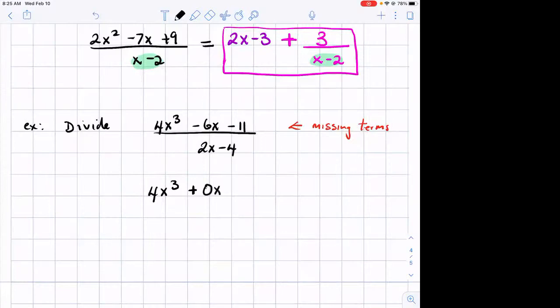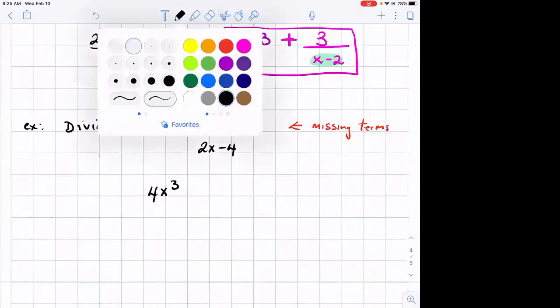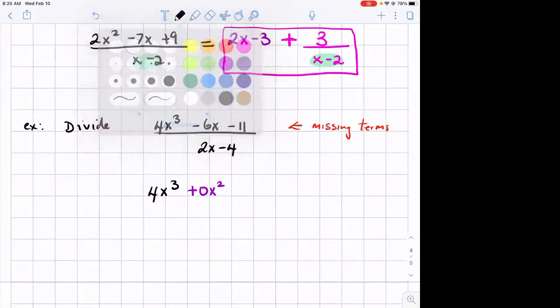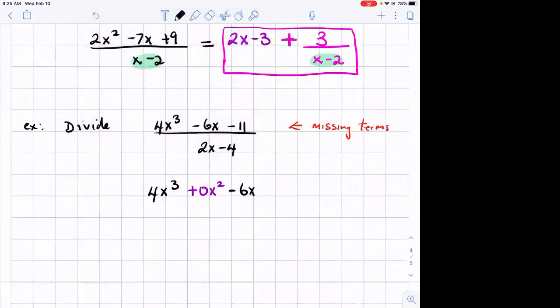So 4x cubed plus 0x squared minus 6x minus 11. The reason I did this is because you have a 3 power, a 2 power, a 1 power, no power. And that's what we should do for both numerator and denominator.